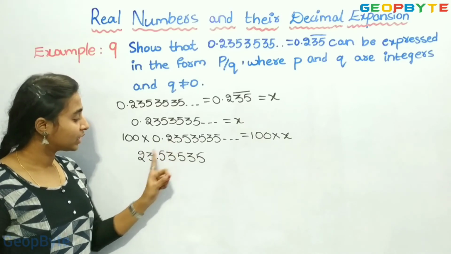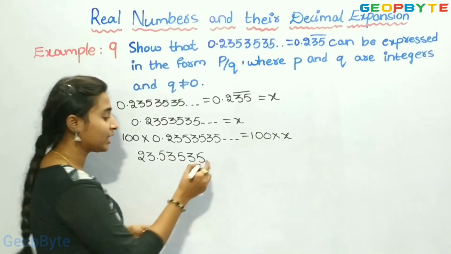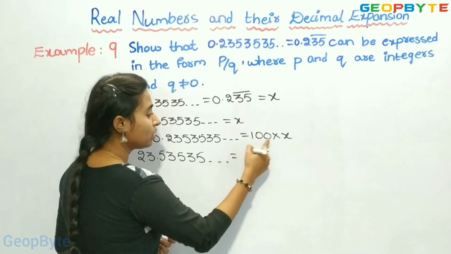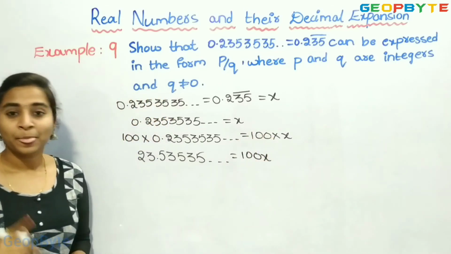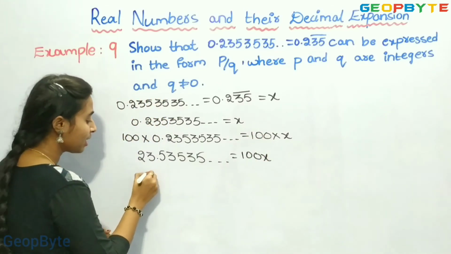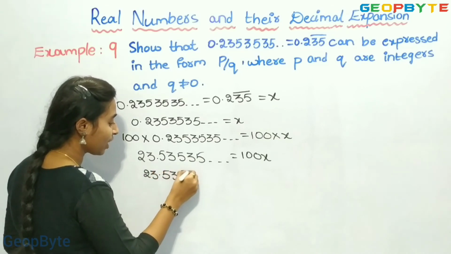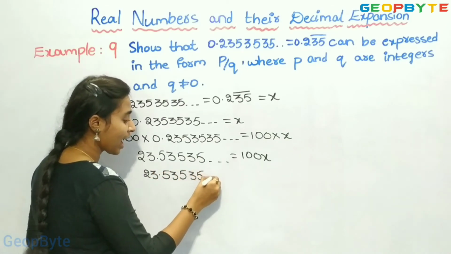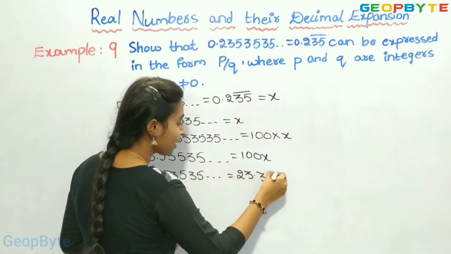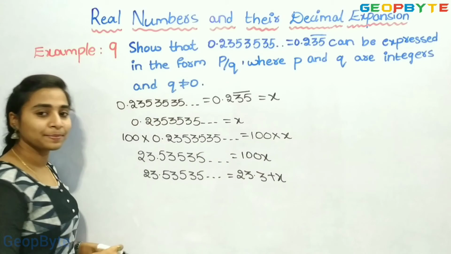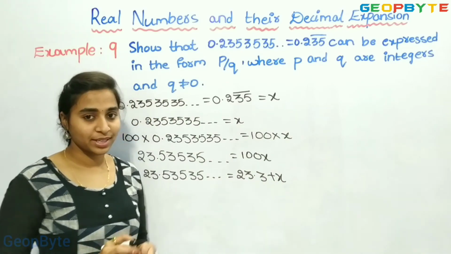So, after 3 we get a point and remaining digits I have written, is equal to 100 into X, 100X. Now, if you see, 23.53535 and so on is equal to 23.3 plus X. This can be written as 23.3 plus X.